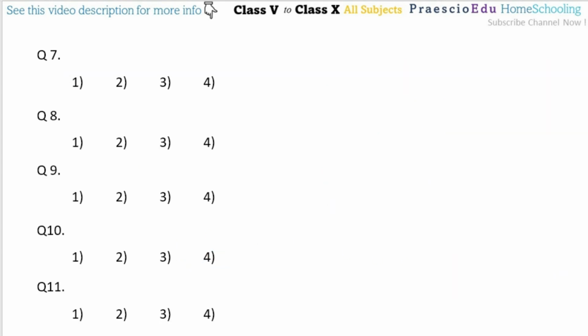Now question number 7. Dhanesh has rupees 1020 in an equal number of notes of 50, 20, 10 and 5. What is the number of rupees 50 notes he has with him? Okay, so this counting we have to do. First, all the notes have an equal count, so we will make the collective amount.